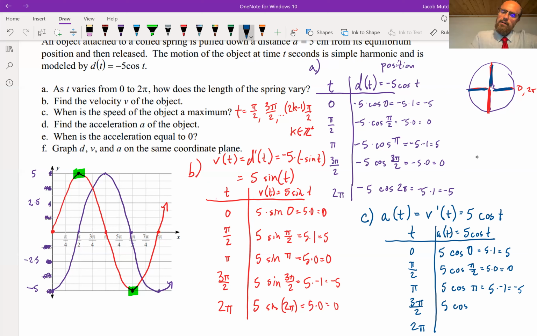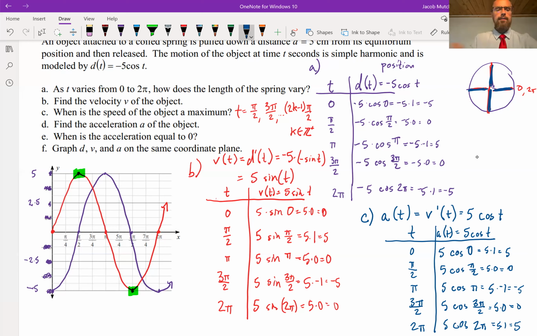So 5 times cosine of 3 pi over 2. 3 pi over 2 is this lower value. So again, there's no horizontal component at the 90s. So that's 5 times 0, which is 0. And last value here, 5 times cosine of 2 pi. 2 pi is back to 0. So again, that's a cosine value of 1. 5 times 1 is 5.